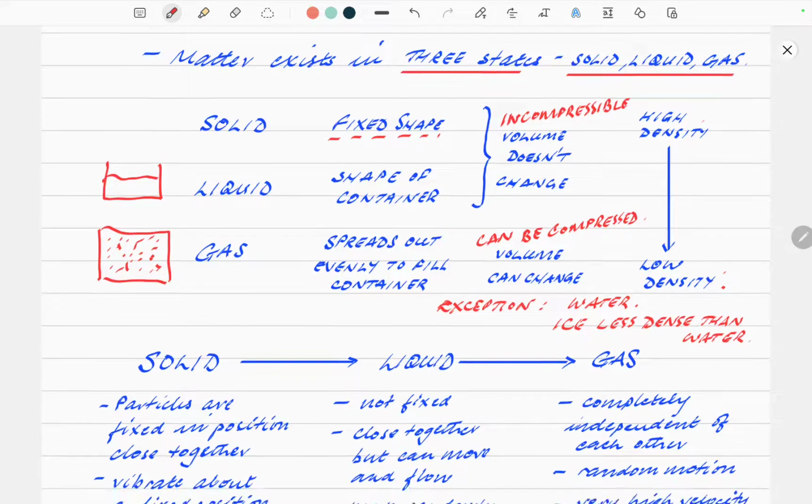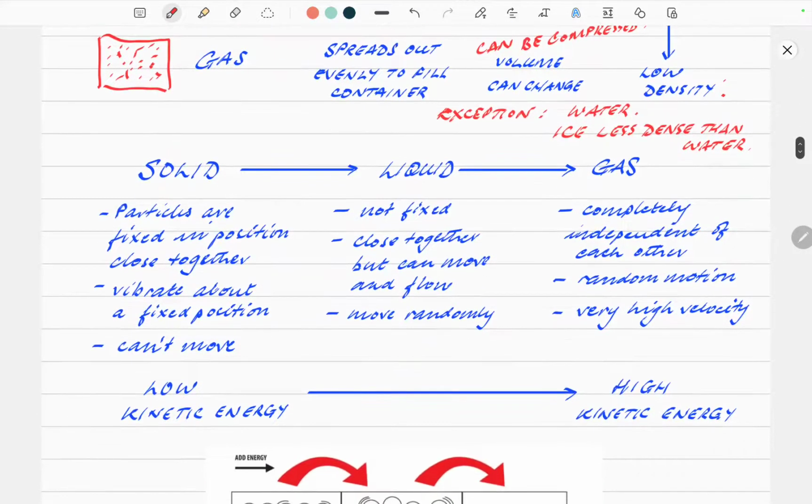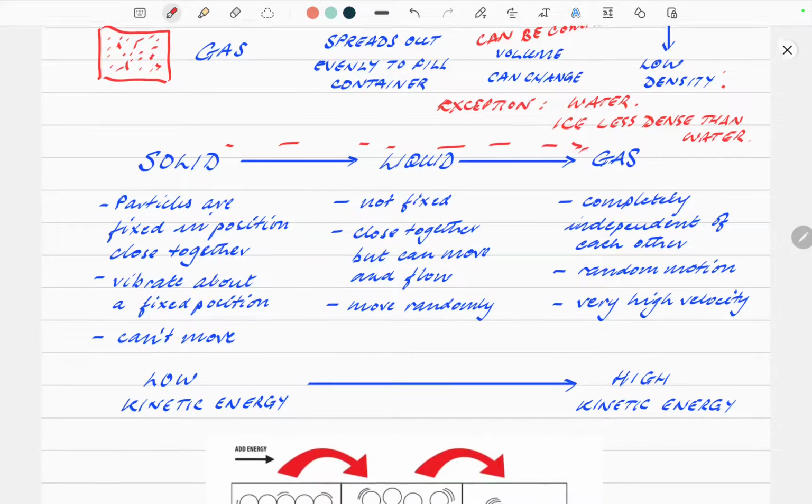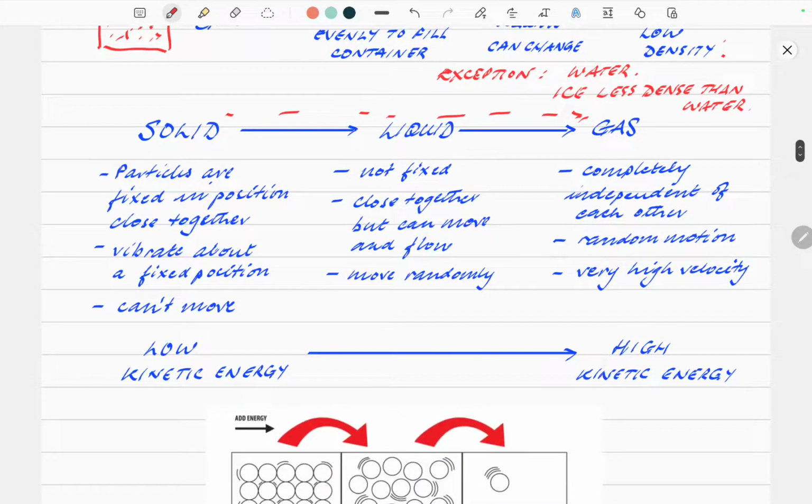Now, changes of state, effectively going from solid to liquid to gas. This is how the substance, the particles, will behave. In a solid, particles are fixed in position and close together. They are very well packed together and very ordered.